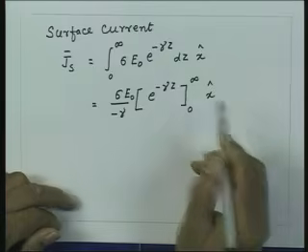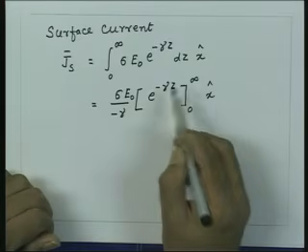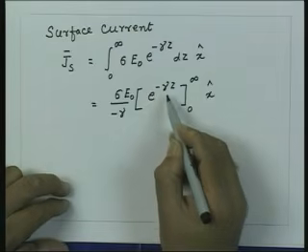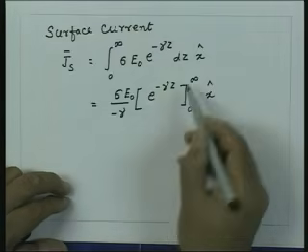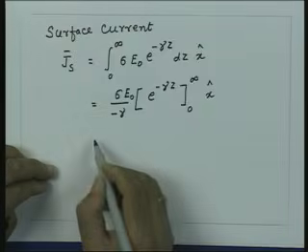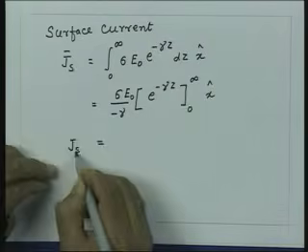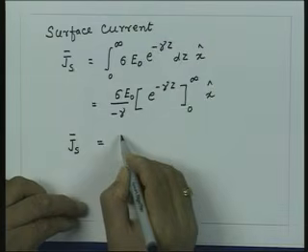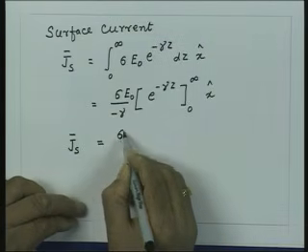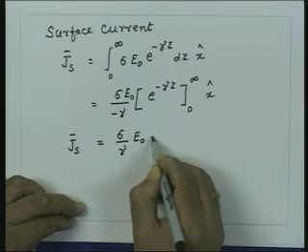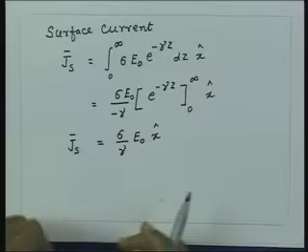When z is equal to 0, this quantity is 1. When z is infinity, since gamma has a positive real part which is the attenuation constant, which is non-zero, in this case that quantity will be 0. So, essentially this surface current Js will be sigma upon gamma E0 x direction.